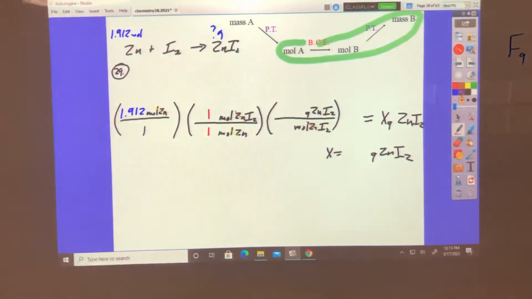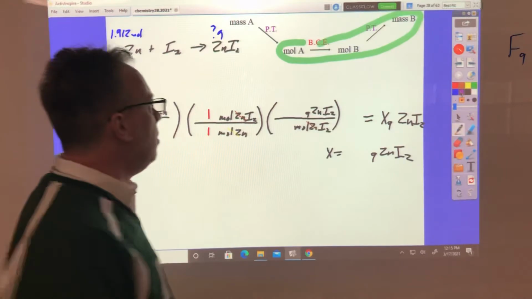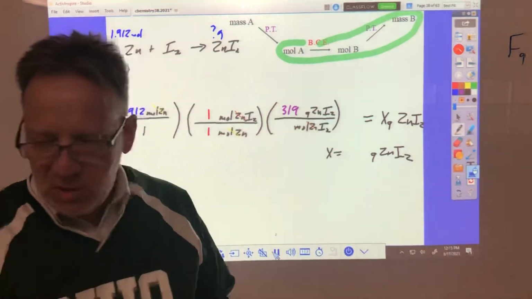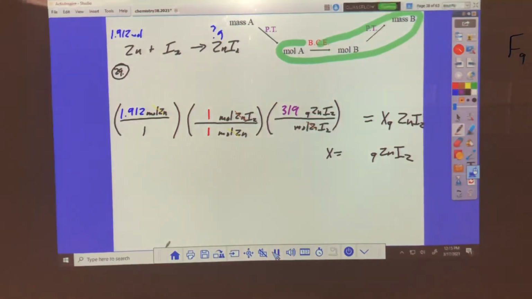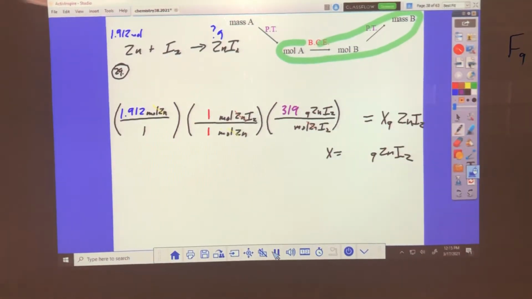Okay, about 319 grams per 1 mole. This is a 1. We'll go to 319. Now, I feel like I made a mistake there, so let me check. I didn't. Nope, it's 319.2.